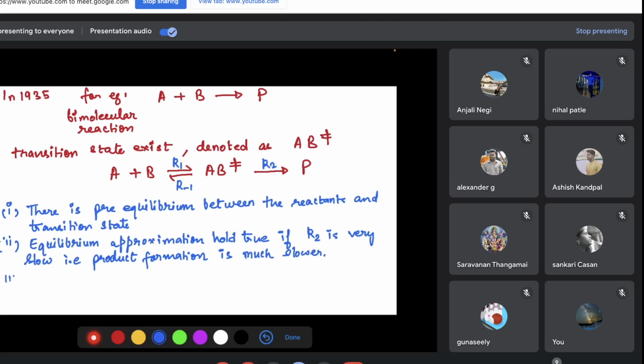And the third point to note here is that this transition species or the activated complex, denoted as AB‡, is a short-lived species.